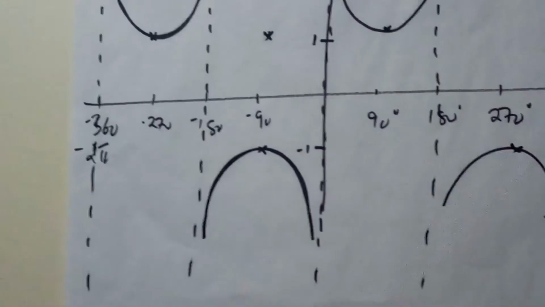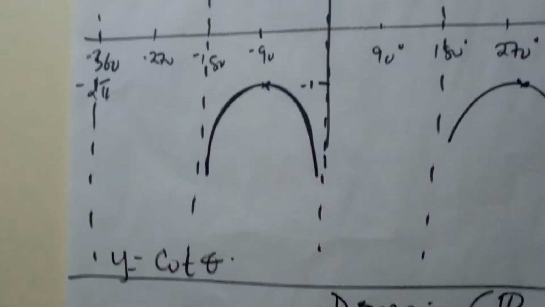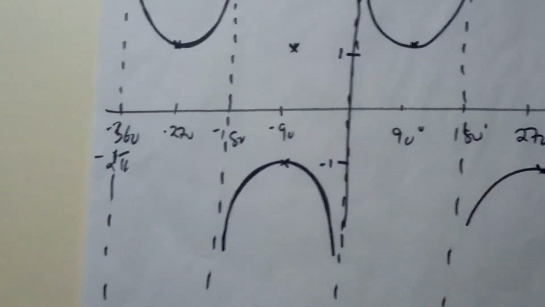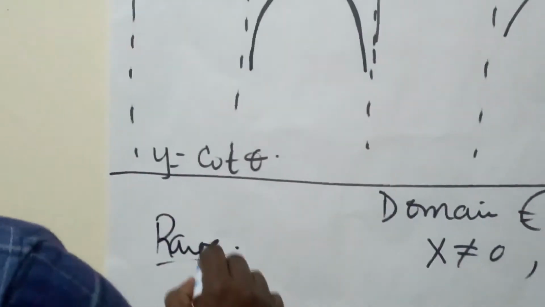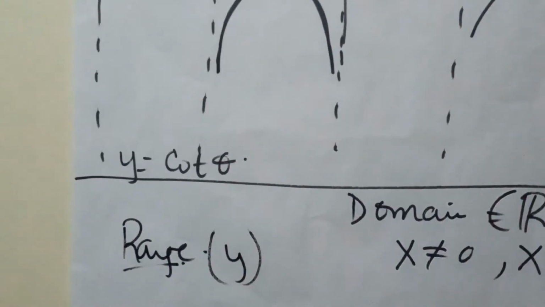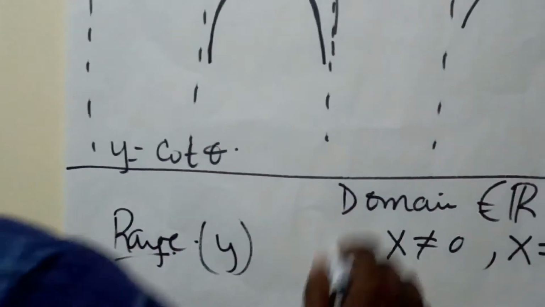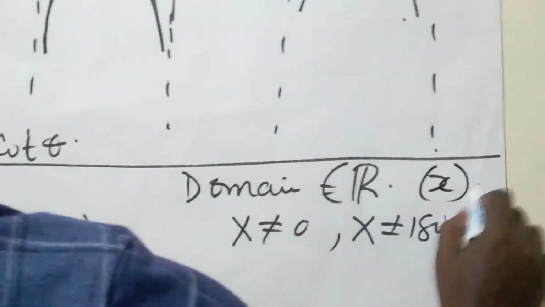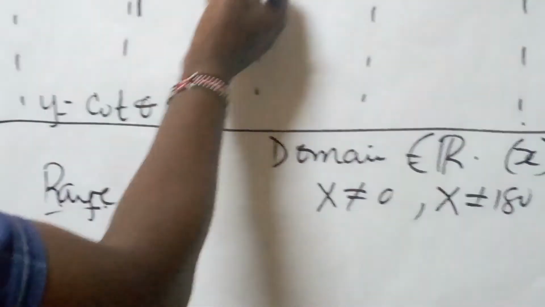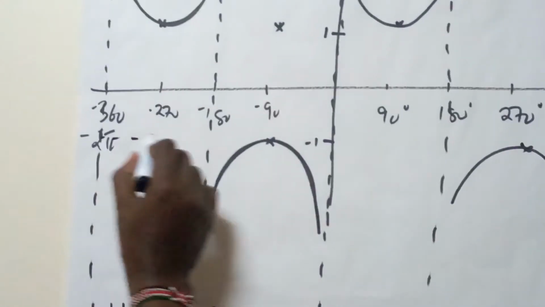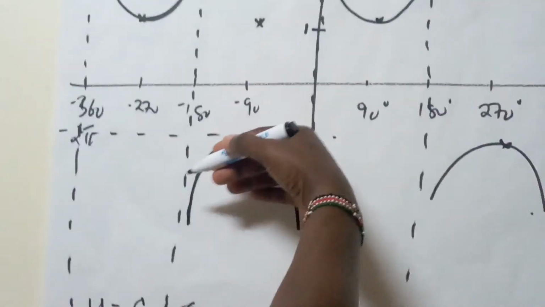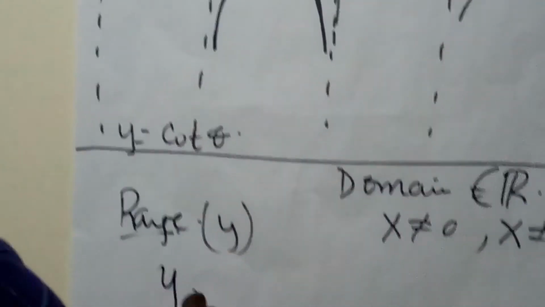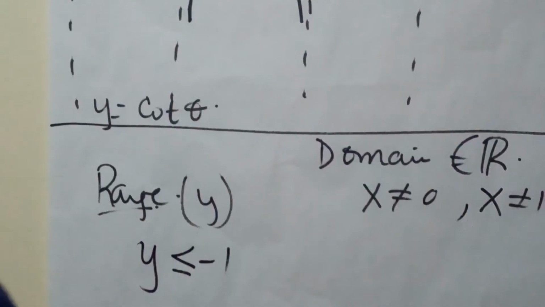But what about the range? The range of y equals cosec x is, and in range we are always talking about the value of y, while in domain we are always talking about the value of x. You'll see it can have all the values of y starting from negative 1 going downwards, so y is less than or equal to negative 1.